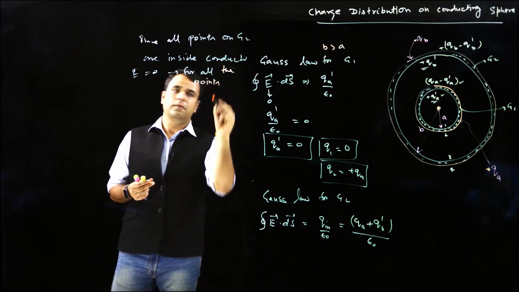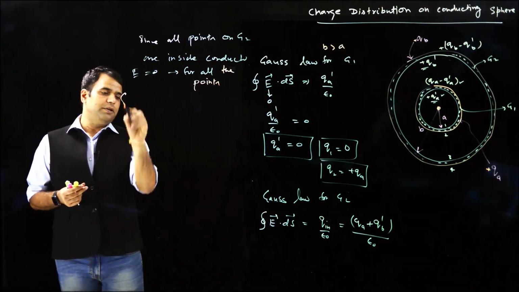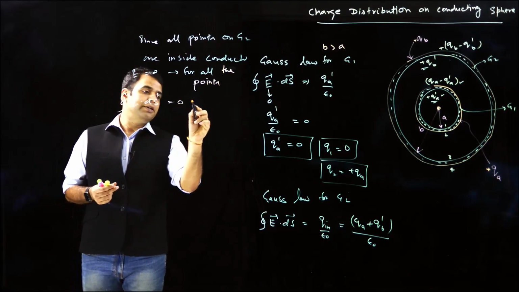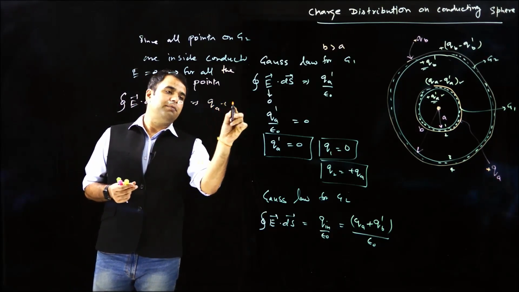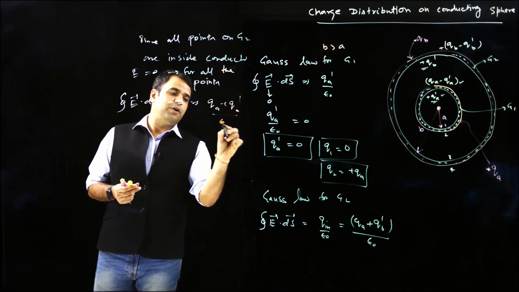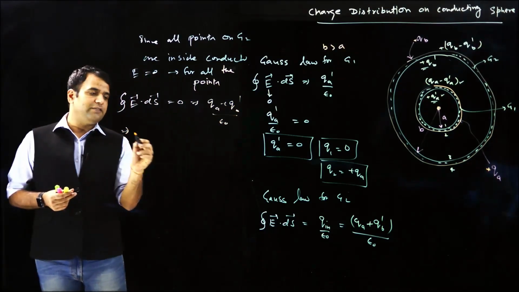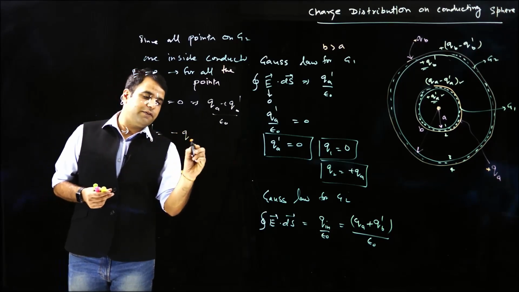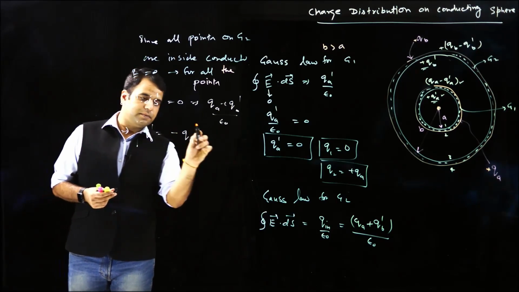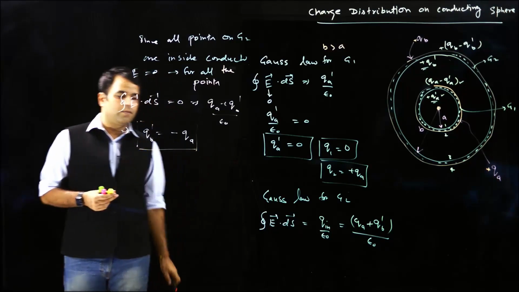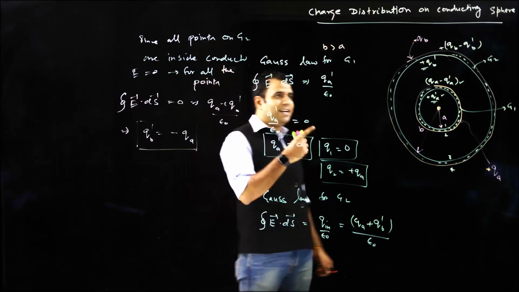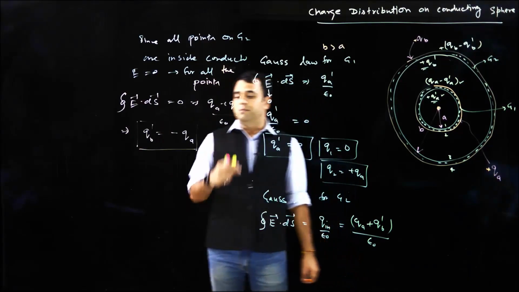That leads to E dot ds being 0, and that is the value of QA plus QB dash upon epsilon naught. This leads to QB dash being equal to minus QA. So the charge on the inside of the second spherical shell becomes minus QA.